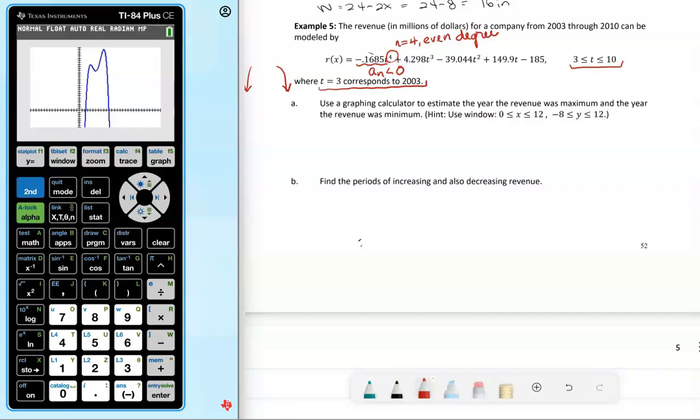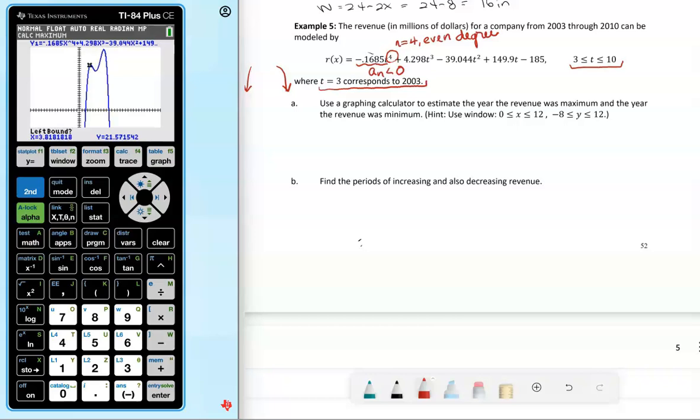Right, so we have a value here that's a local maximum, and then we have a value here which is the largest amount of revenue that the business brought in. So I'm going to hit second, and then calculate, and I'm going to start with my maximums, number 4.